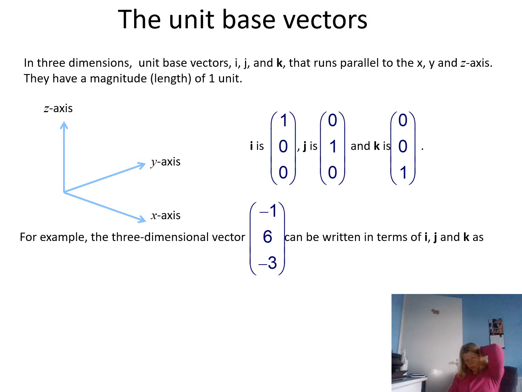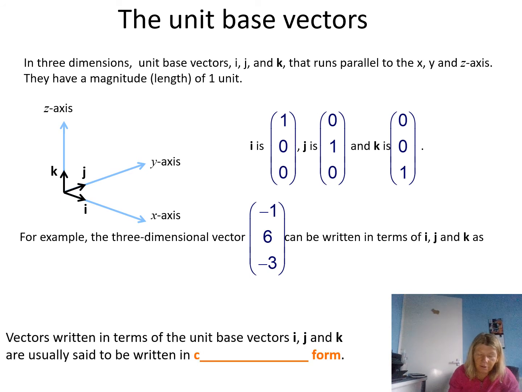For example, a 3-dimensional vector can be written in ijk. Well, there's our ijk: minus i, that should be bold, we can't do so, underline, plus 6j minus 3k.